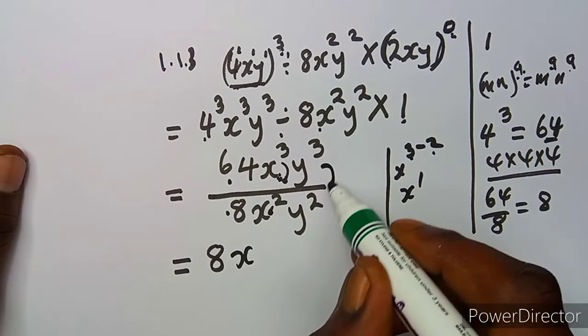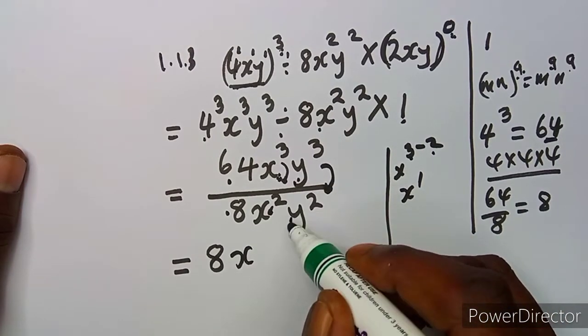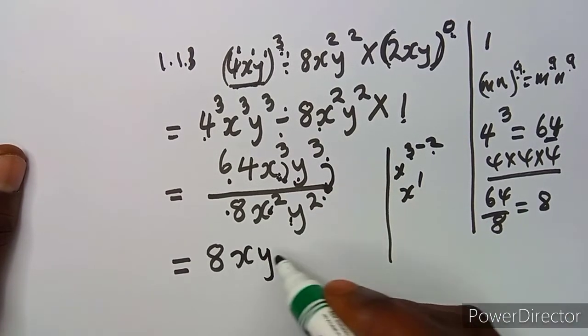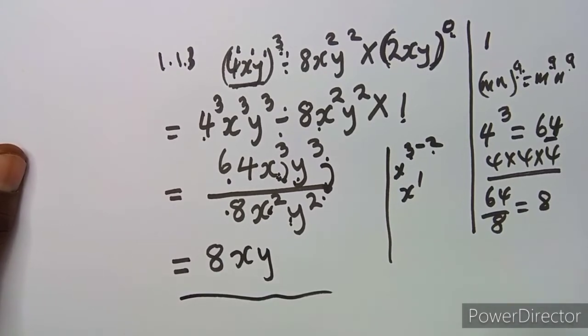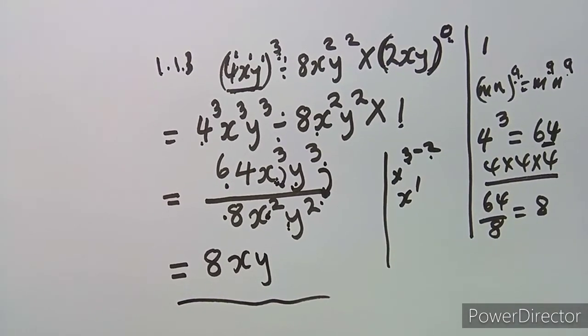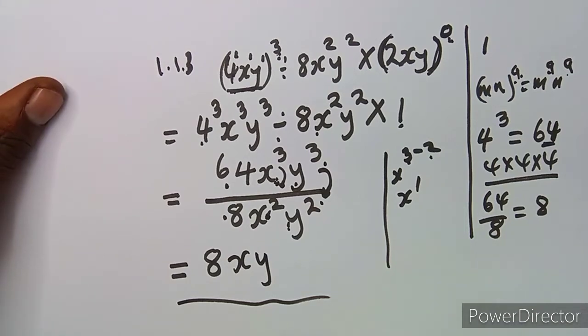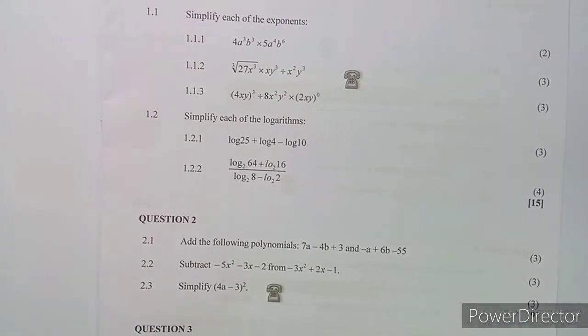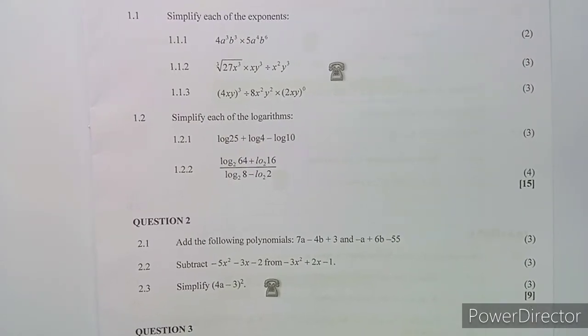The same thing here, we subtract the exponents because the bases are the same. So 3 minus 2 is 1, which is going to be y. So everything is going to be 8xy, like that. Okay, so that's how you were supposed to apply this type of equation. Okay, so let's see another one.